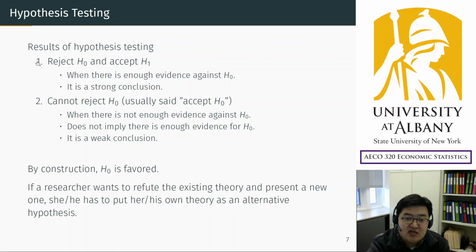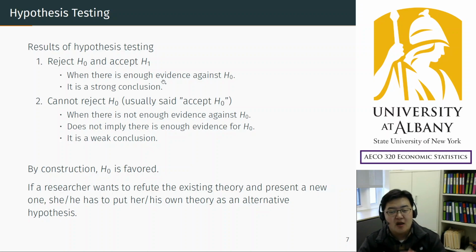So this is a strong conclusion, right? If you understand this, then it is clear what is strong and what is just a kind of passive decision. And in that sense, the null hypothesis is favored.